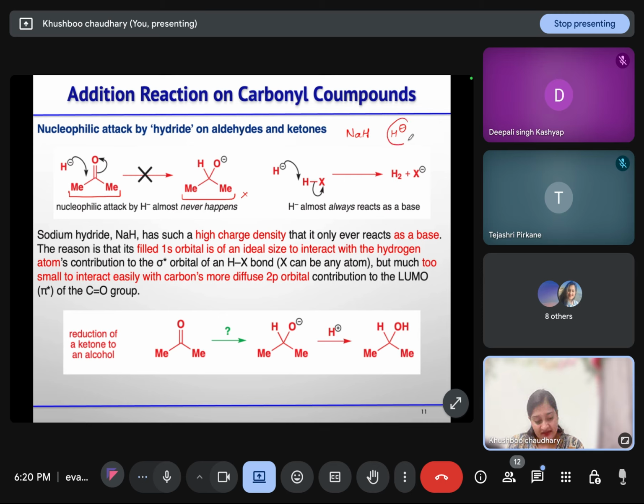Because H negative has high electron density, and that electron density is sufficient to attack the hydrogen, but not sufficient to attack the more diffused 2p orbital, that is the carbonyl carbon. Because of the high electron density and smaller size, the hydride ion in NaH can approach hydrogen, but is not capable of approaching the diffused 2p orbital present in the LUMO of carbon.